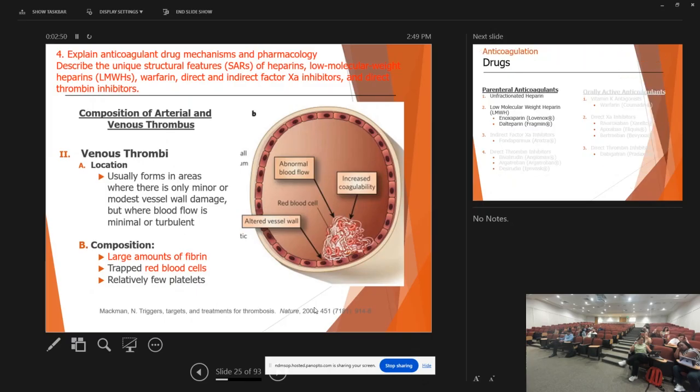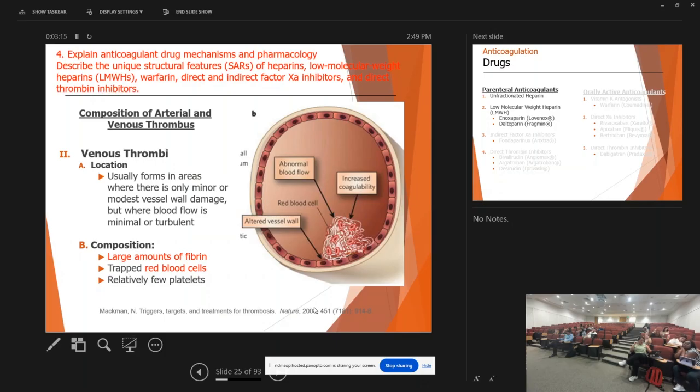The venous thrombus has a very different composition. It is located where the blood flow is not as high. Sometimes in the legs, you can see this kind of formation of venous thrombus.